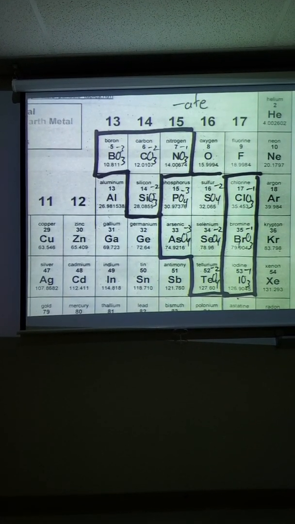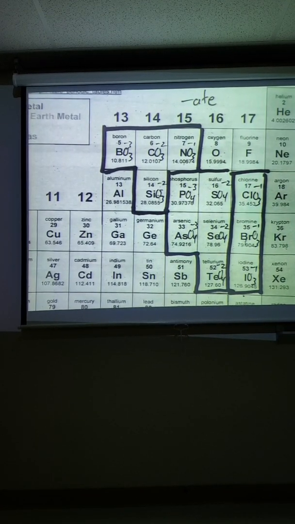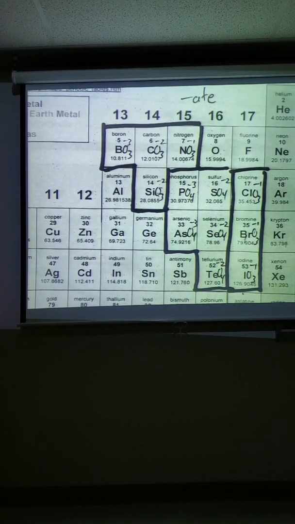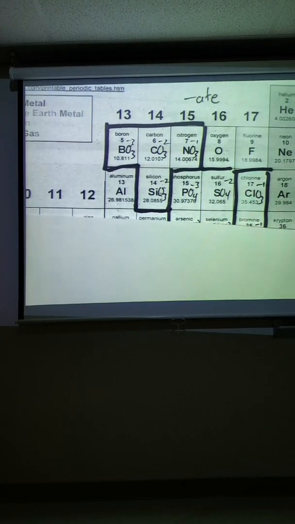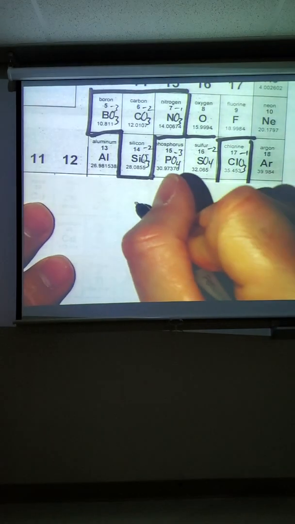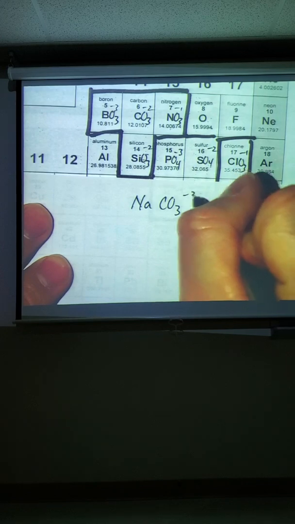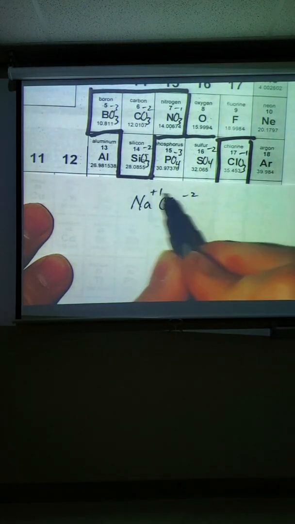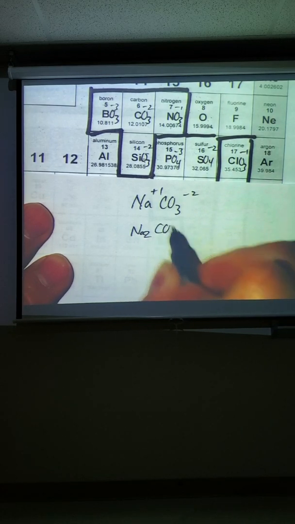So now it's just using these with names. So as we use these with names, think about how they go together. So as we do that, let's just look at this T box first. Think about if we had a sodium and now a carbonate. Group 1 plus 1, cross the 1, cross the 2, so we get Na2CO3.